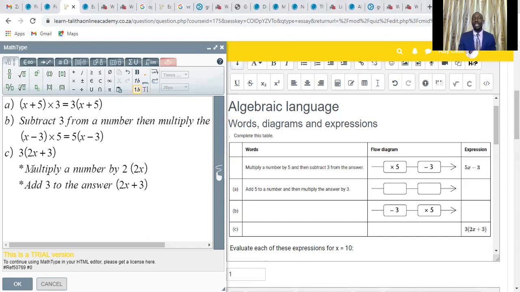And the next thing is to multiply the result by 3. The next step, that is multiply the result by 3.